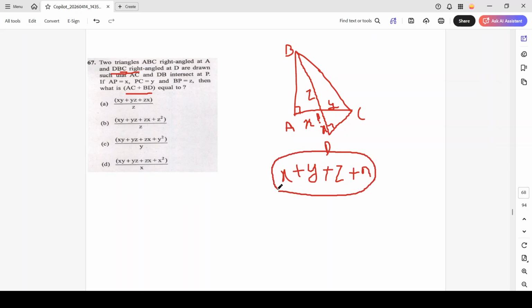Now the unknown is N. So how can we find out the value of N? From these two triangles ABP and PDC by applying similarity. This angle is equal to this, and this 90 is equal to this 90. That means these two triangles are similar.